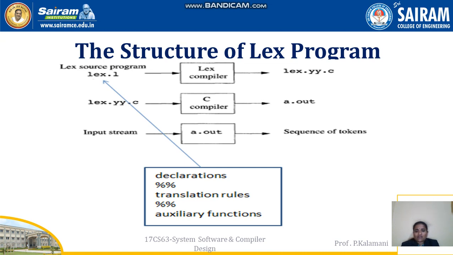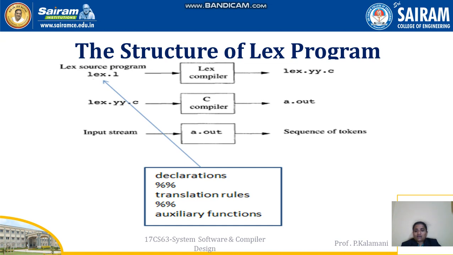Then for any header file, suppose we are using input output statements like printf, scanf in the subroutine part, we have to include the header file #include <stdio.h>. These statements are pure C statements. What we give between percentage opening brace and percentage closing brace is pure C.